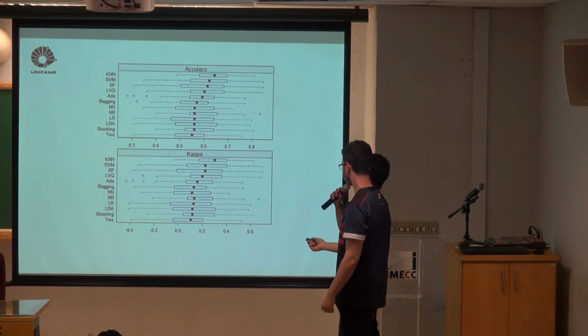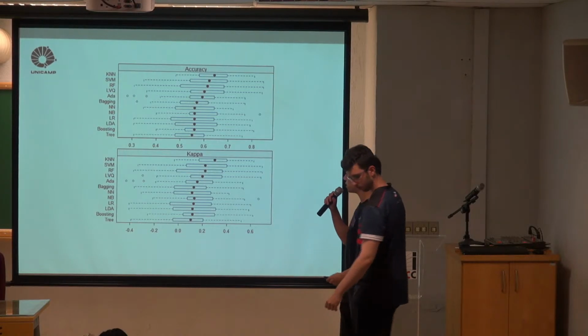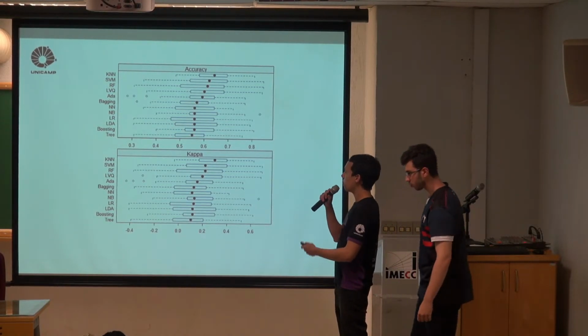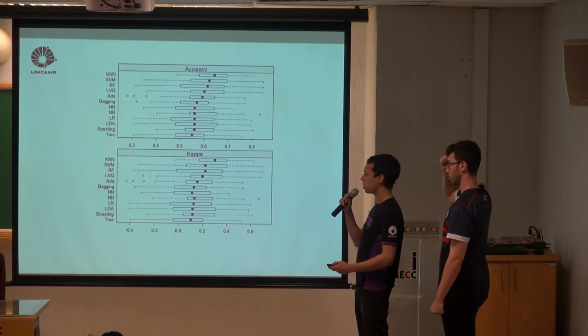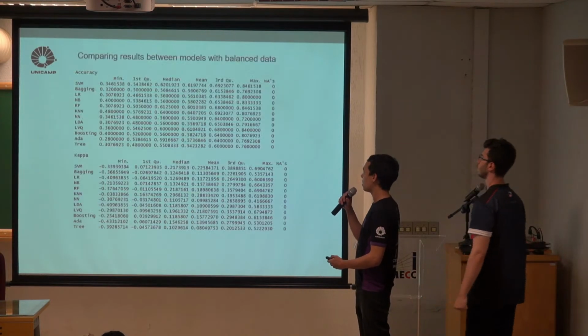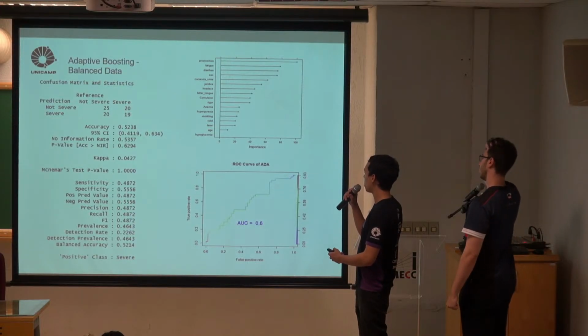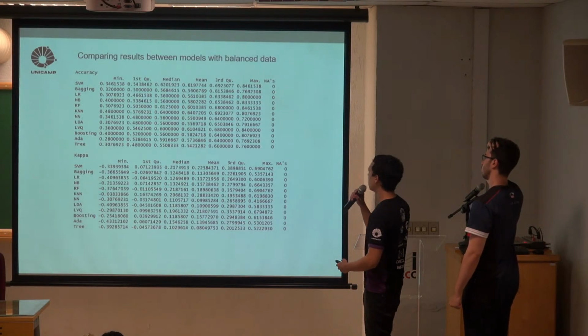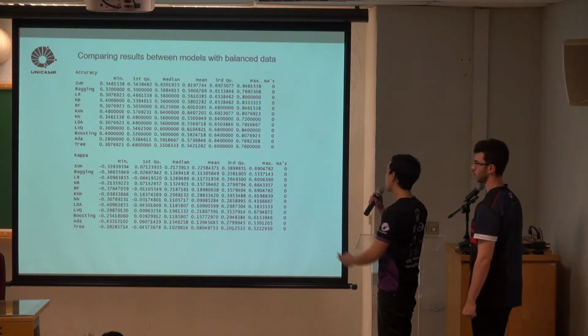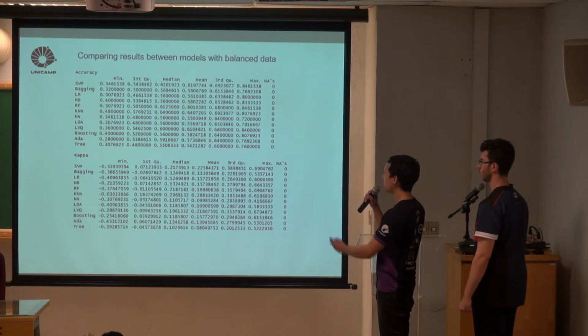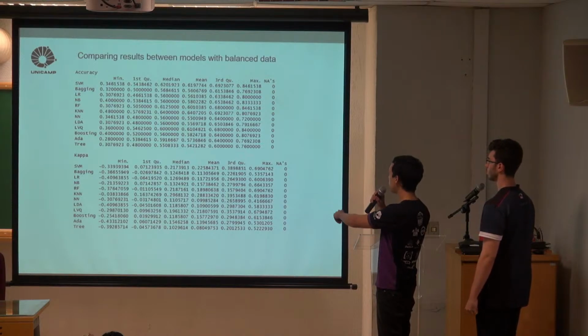As we saw in this presentation, most of the models got prostration as the most important predictor. And here we just compared the balanced data results since they were better. We didn't include the imbalanced data.